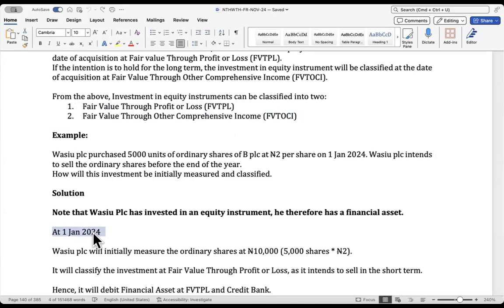So I'll ask you. Typically when you buy shares, you would use a stockbroker. They will charge you all sorts of charges. So it's not just this 10,000 naira this guy will pay. He will pay more: commission fee, stockbroking fee, agency fee, professional fee, processing fee.